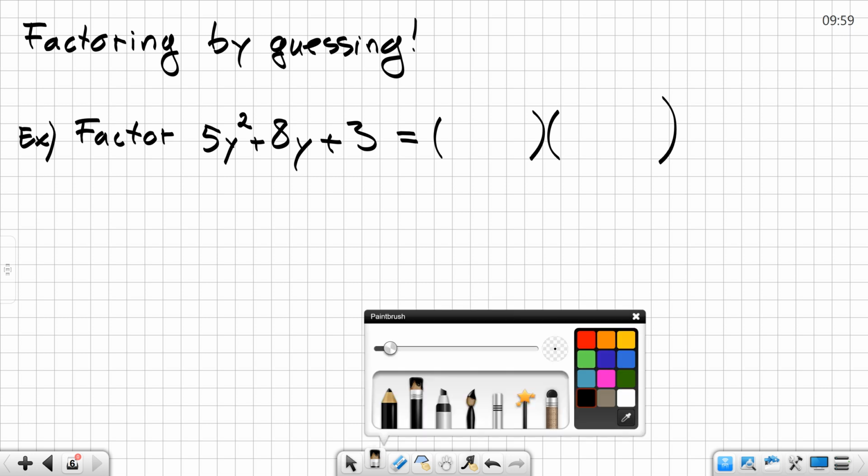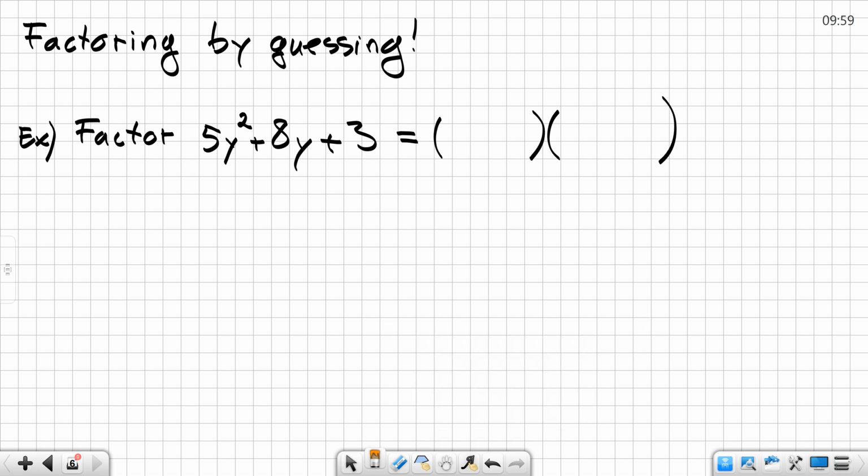Now, the key observation here is this, that the leading coefficient is a prime number. And the last one is also a prime number. That means for the product of the first and the product of the last, there is not a lot of options for you.